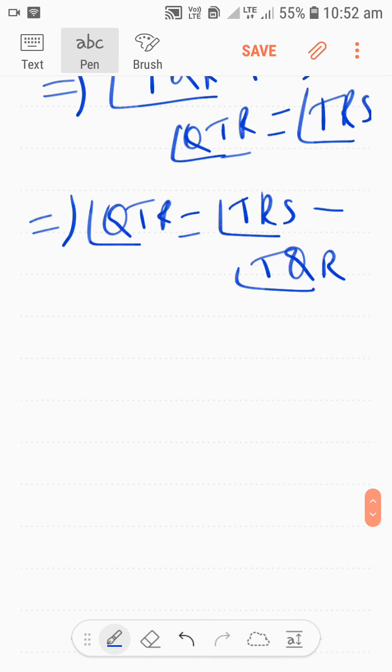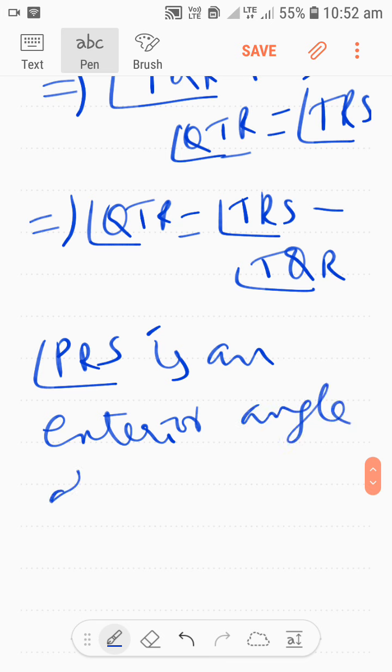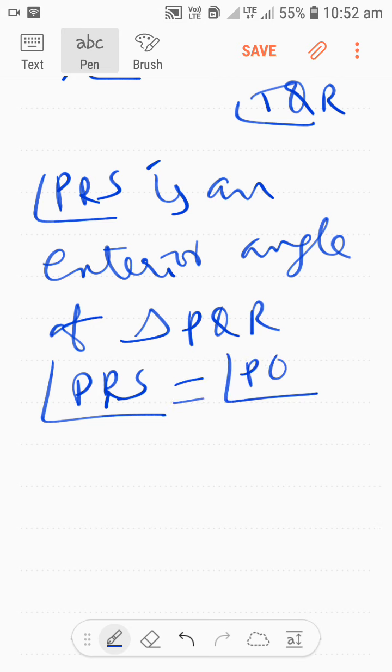Like that, in triangle PQR, angle PRS is an exterior angle. So like the last result, exterior angle equals sum of interior opposite angles.